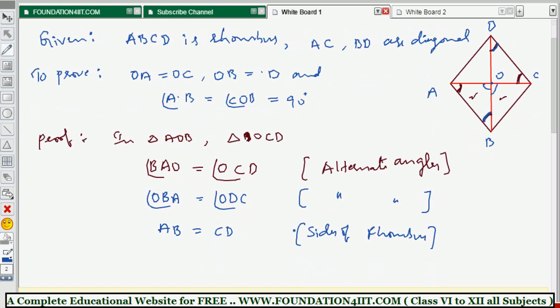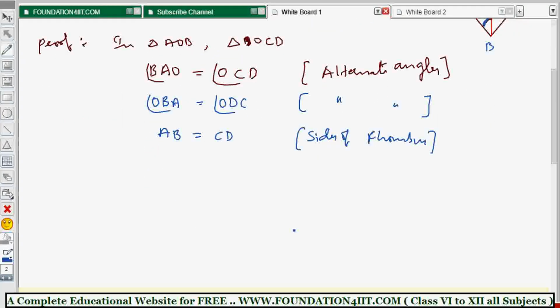So two angles and one side means the ASA axiom.